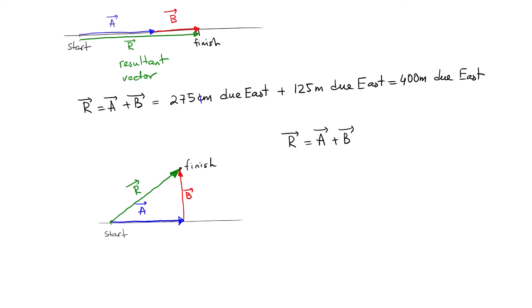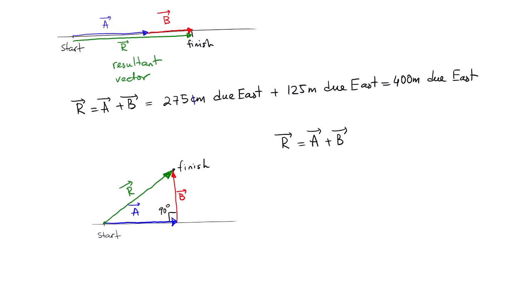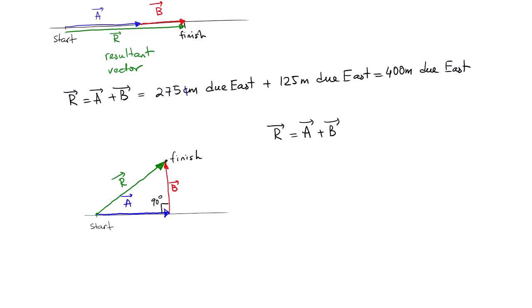So instead, we take advantage of the fact that this triangle we have is a right triangle. So we have a 90 degree angle, and we could use the Pythagorean Theorem. Let's make a quick recall of the Pythagorean Theorem.